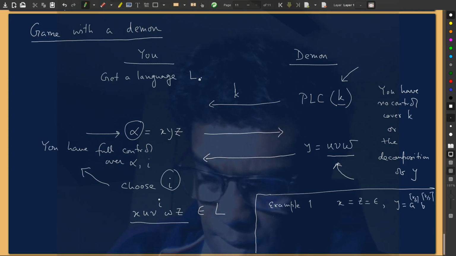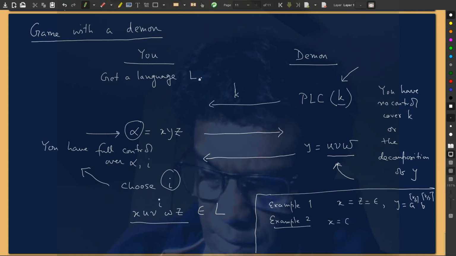Okay. And in the second proof of the same example, a power n, b power n, we have taken x equal to empty, y equal to a power n, z equal to b power n.